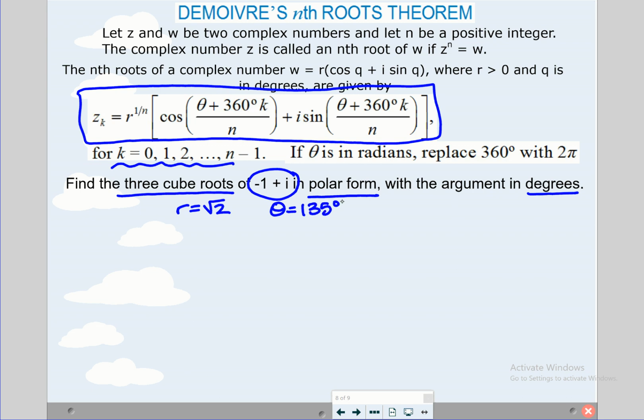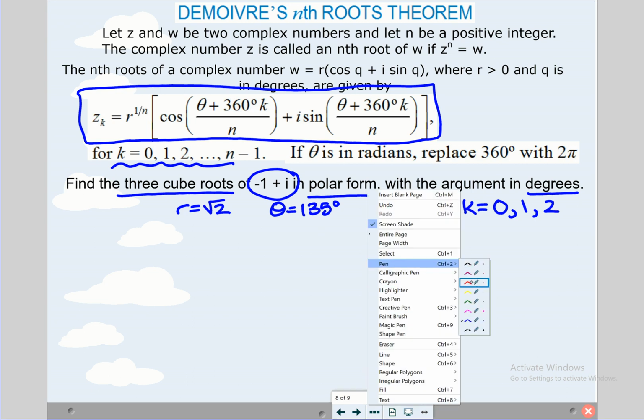Okay. Because it says cube roots, n is 3. And because it's cube roots, I need 3 values of k to get my 3 answers. And you always start with 0. 0, 1, and 2. It should be 0 up until 1 less than whatever your n is. When you set up this formula, you're going to do it 3 times.